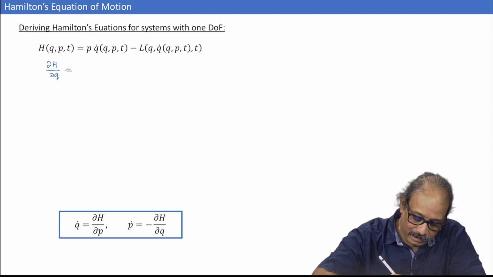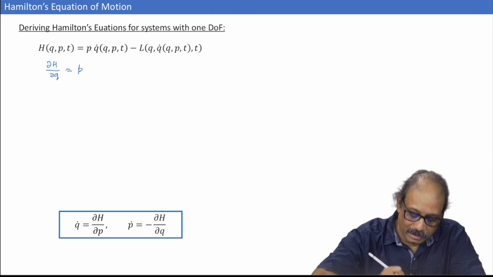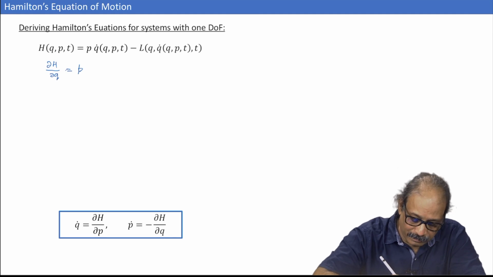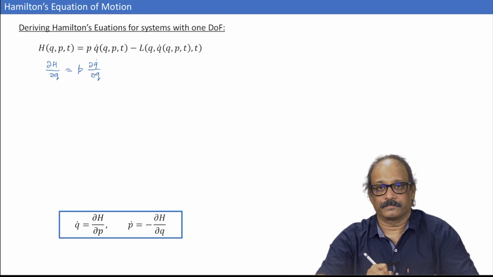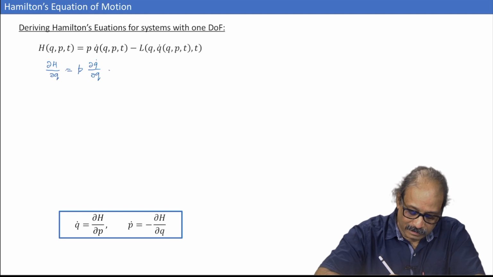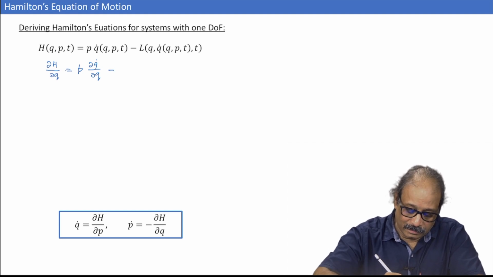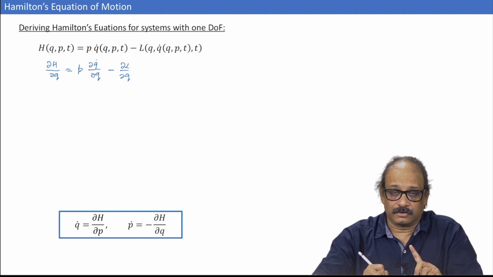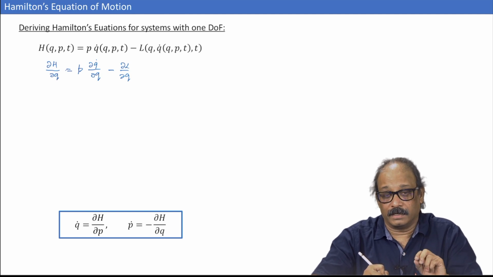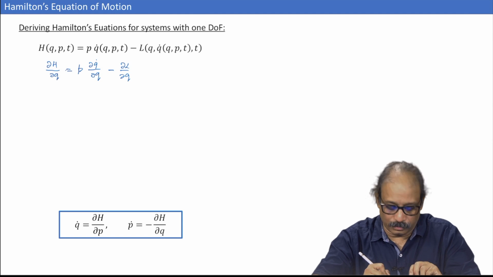So, on this side, p of course is an independent variable, and it will simply be p times the partial derivative of q dot with respect to q, minus the Lagrangian here, del L by del q, but the Lagrangian is also a function of q, an implicit function of q through q dot.